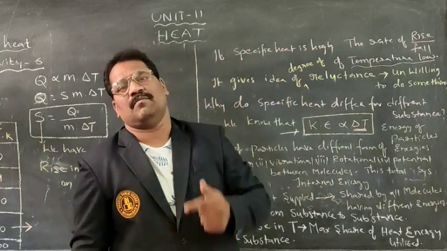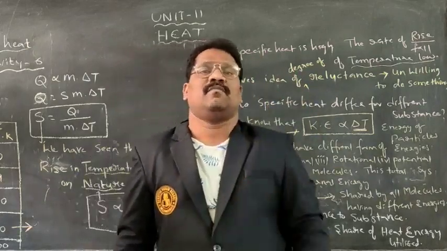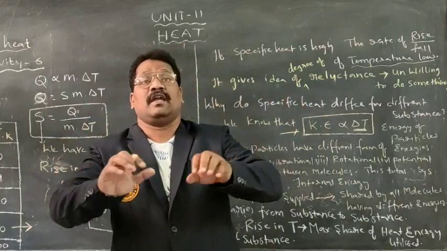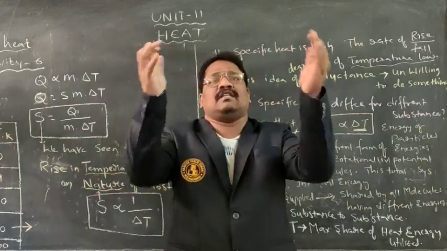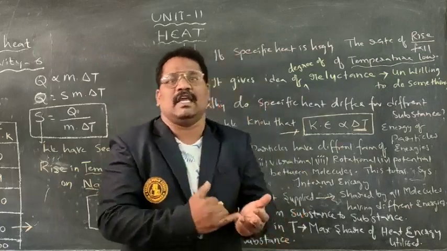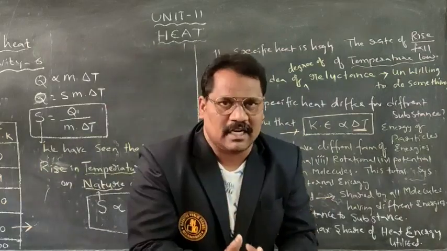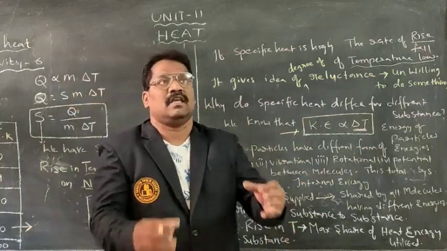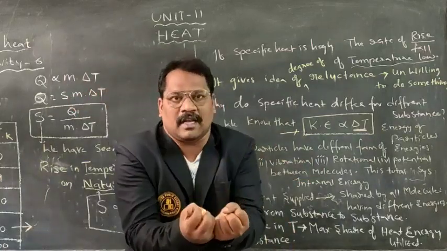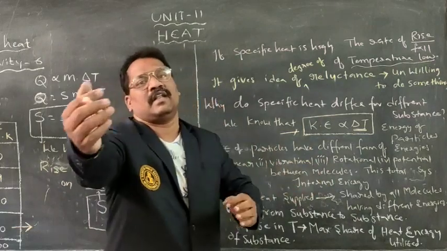Simultaneously, potential energy can be existing, rotational energy can be existing. When we are supplying heat, these are all energies: linear energy, rotational energy, potential energy, as well as vibrational energy. They all gain that particular energy with different ratios.